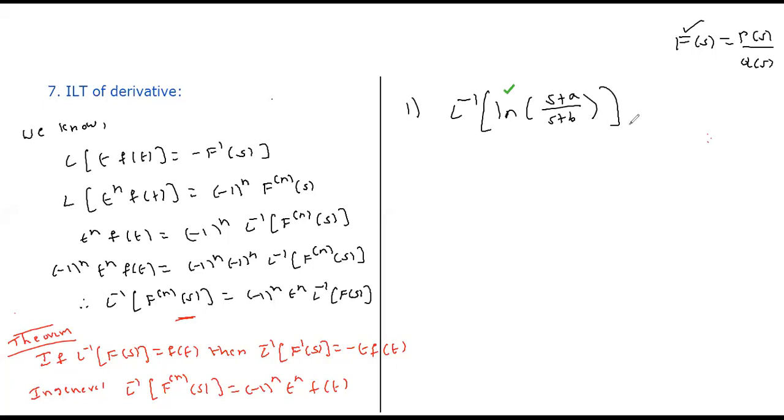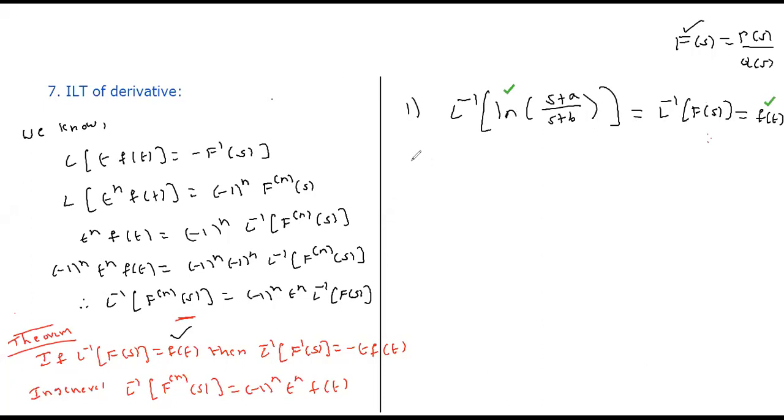For the time being, call it L inverse of f of s, where f of s is log of (s plus a) by (s plus b). L inverse of f of s is f of t, and my aim is to find f of t.